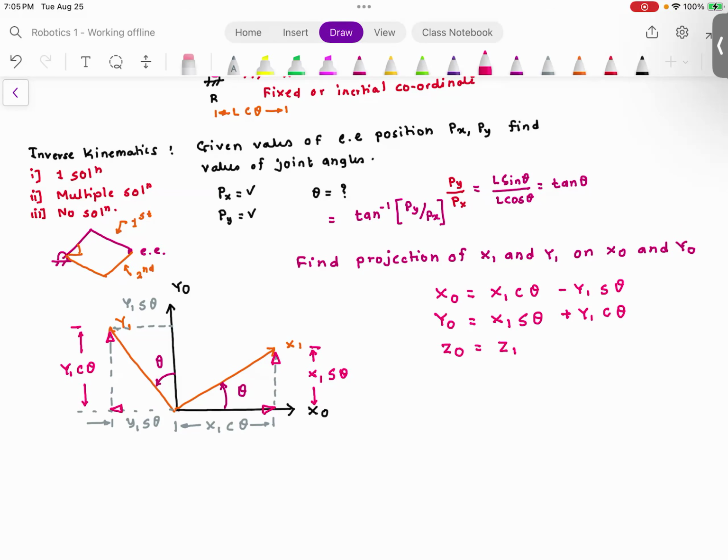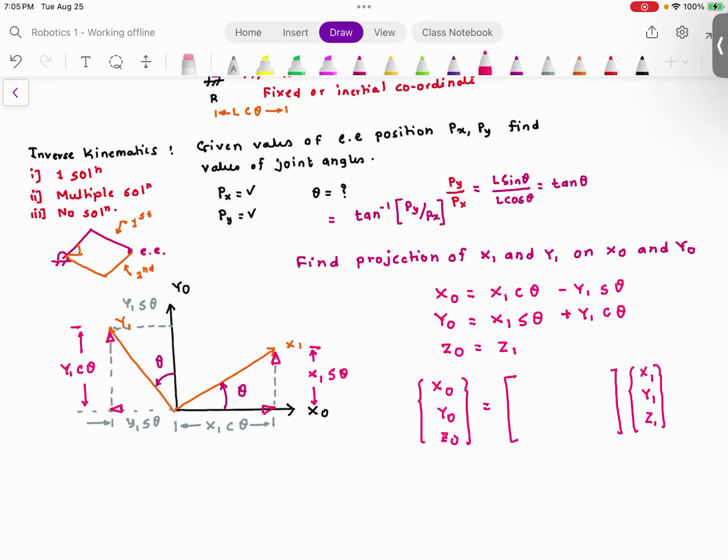So what I would do is I will say x0, y0, z0, and I'm going to have this matrix, and x1, y1, z1. So what I need to do is fill in the blanks.